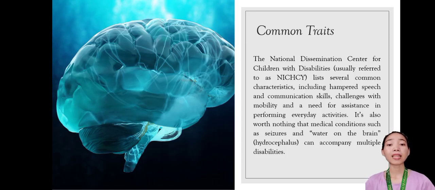So now, let us know what the common traits of multiple disabilities are. The National Dissemination Center for Children with Disabilities, usually referred to as NICHCY, is the national information and referral center that provides information on disabilities and disability-related issues for families, educators, and other professionals.